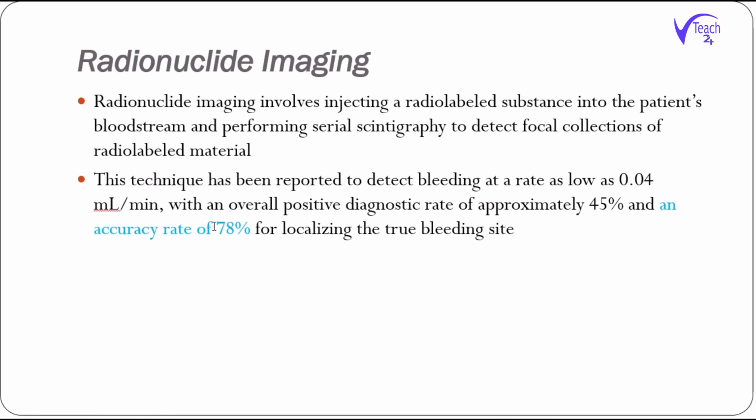Radionuclide imaging is usually not the initial test to be performed. The initial test we perform is either flexible sigmoidoscopy or colonoscopy, and if the bleeding source has not been identified, we can go for radionuclide imaging.